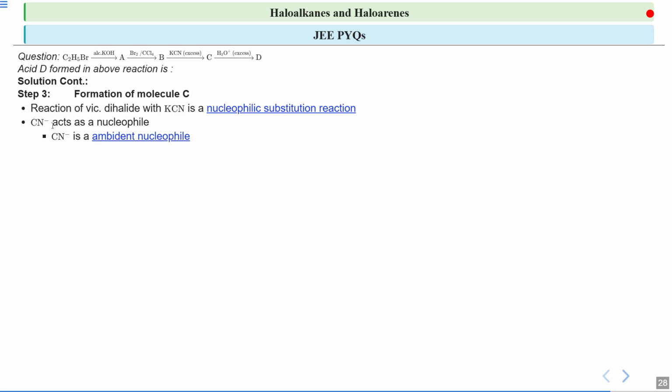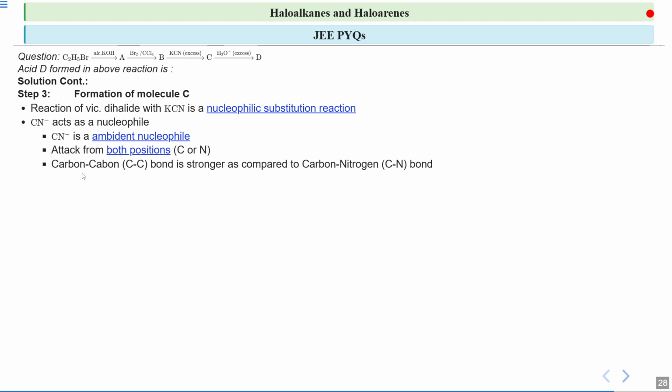That means attack can happen from both carbon and nitrogen. A carbon-carbon bond between the alkyl and the cyanide group is stronger than a carbon-nitrogen bond, hence the attack happens from the carbon position.